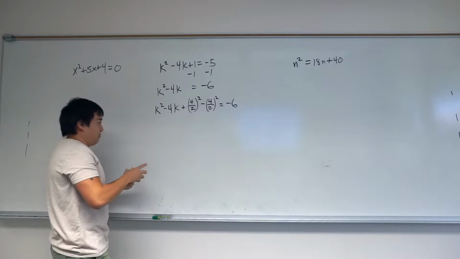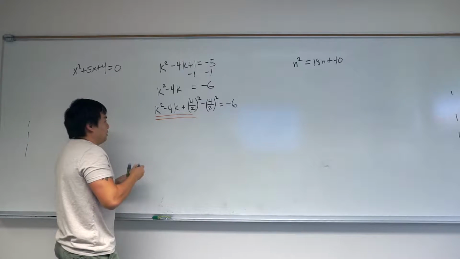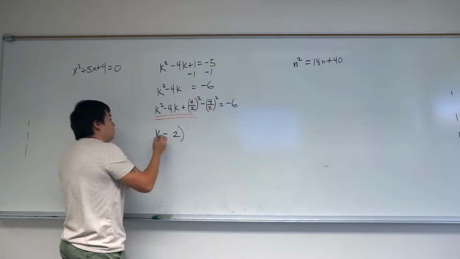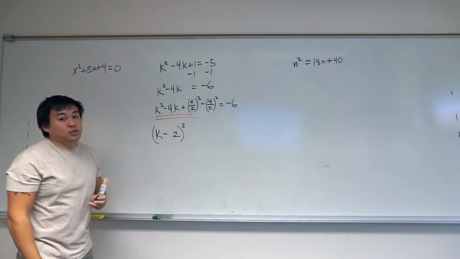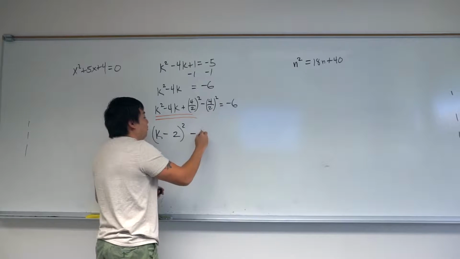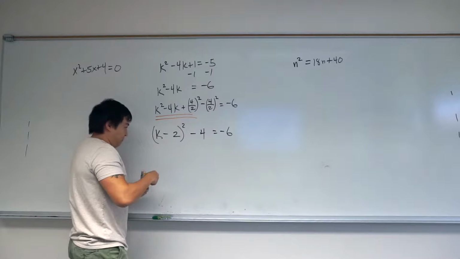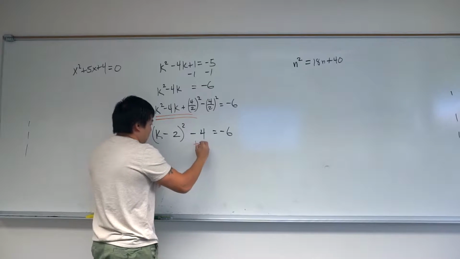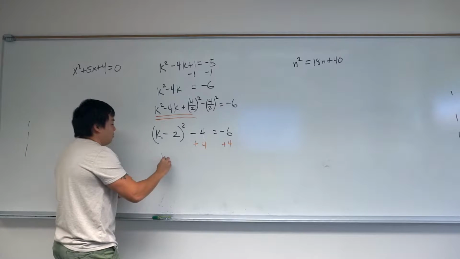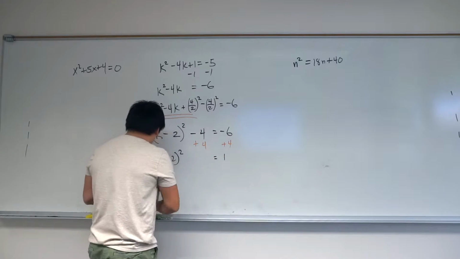Again, the first 3 parts is your perfect square: variable, sign in the middle, the number 4 divided by 2. Bring down the other one, which is 2 squared, or 4, and then solve. So if I add 4 to both sides, you get k minus 2 squared is equal to minus 2.